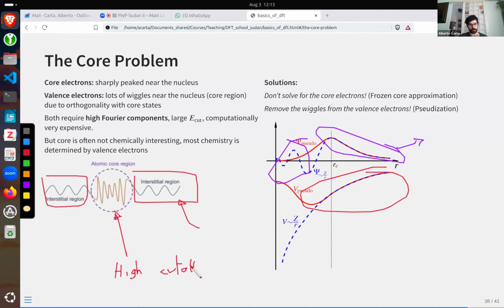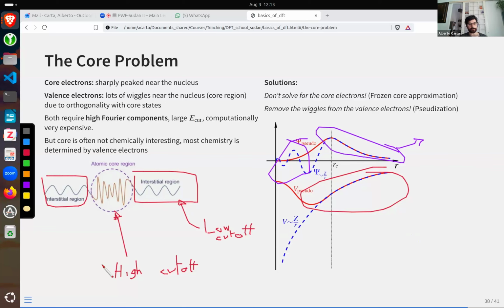Okay, so this will need extremely high cutoff, while for this interstitial region we can be much lower with a cutoff. This is not only for molecules, but for any system. It depends really on the atomic states that you have in your system. For D and F electrons, this is going to be even more important.